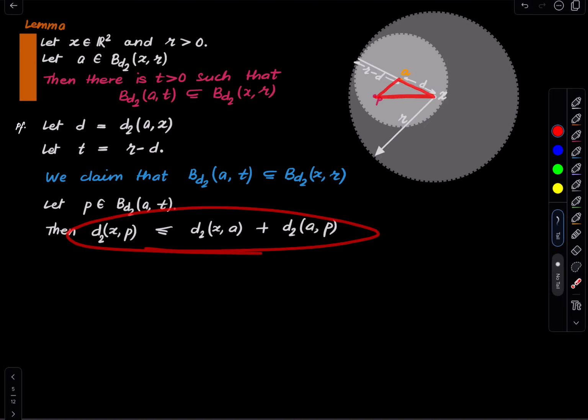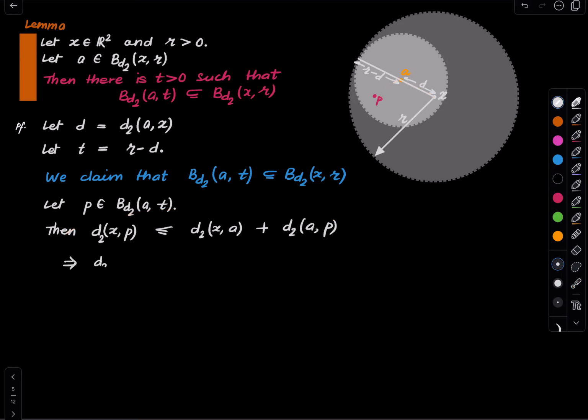That's what that equation reads. That implies this is at most D plus the distance between A and P, because this was defined to be D. And what is that? That is at most, in fact, strictly less than D plus R minus D. The distance between A and P is strictly less than R minus D, because P lies in this ball. Right? So I can, in fact, write a strict inequality, and that implies that this is less than R, which means P is in this ball.